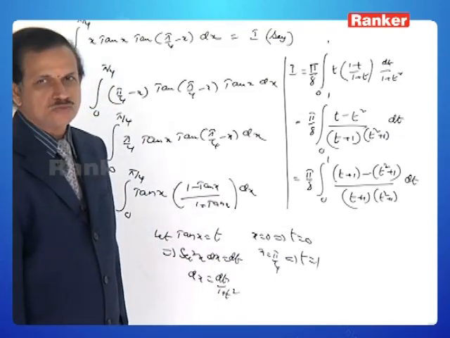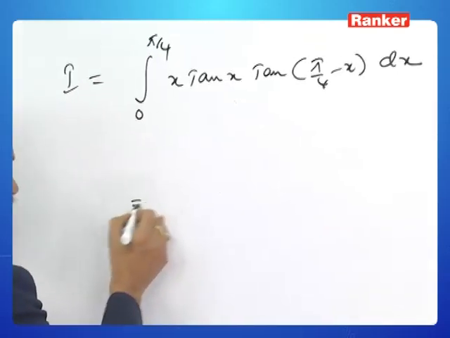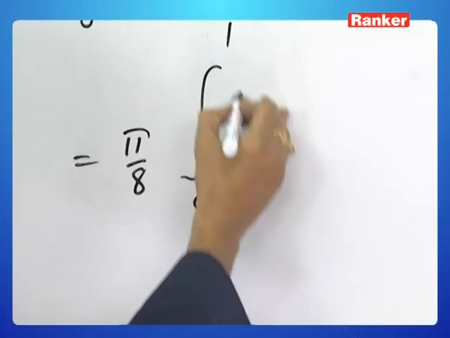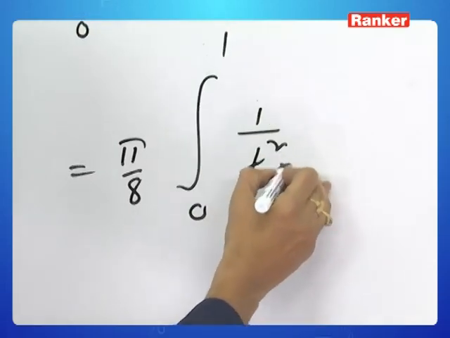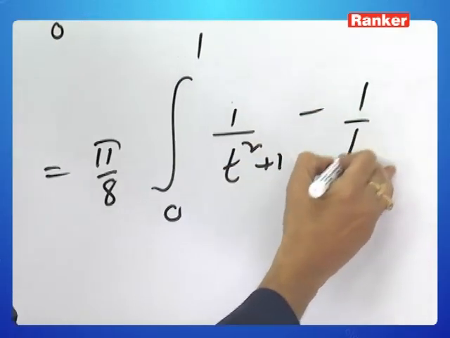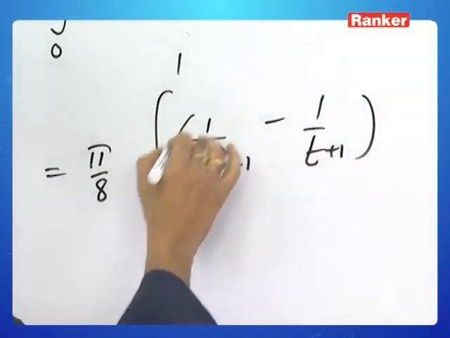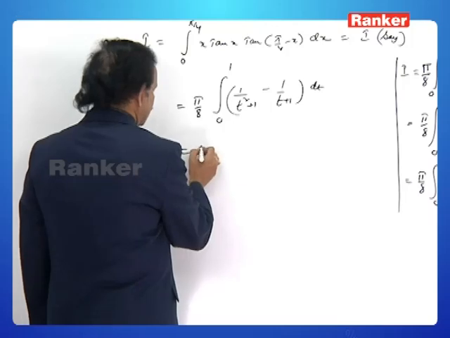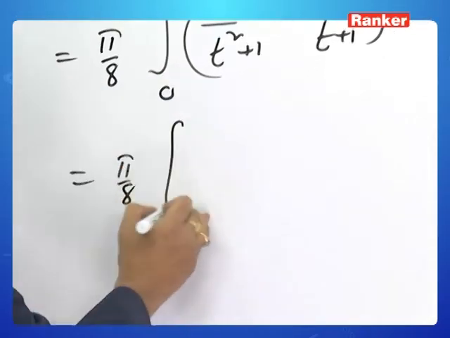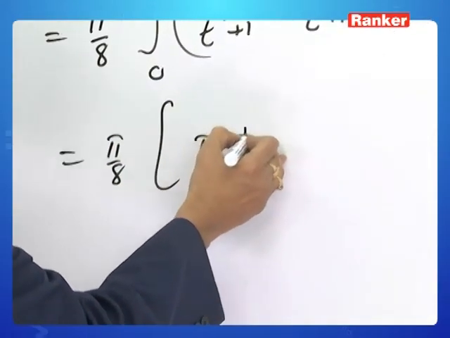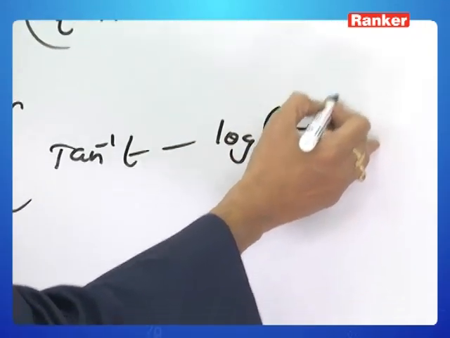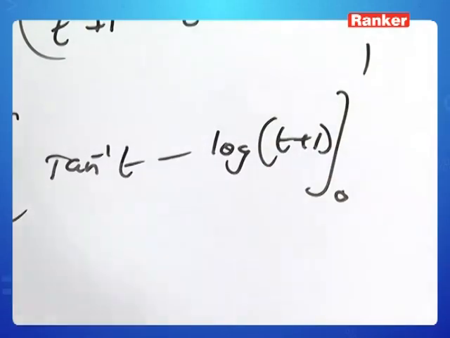Let us now do the same. That is equal to pi by 8 into integral 0 to 1 of 1 by (t square plus 1) minus 1 by (t plus 1) dt. That is equal to pi by 8 into tan inverse t minus log mod (t plus 1) between the limits 0 and 1.